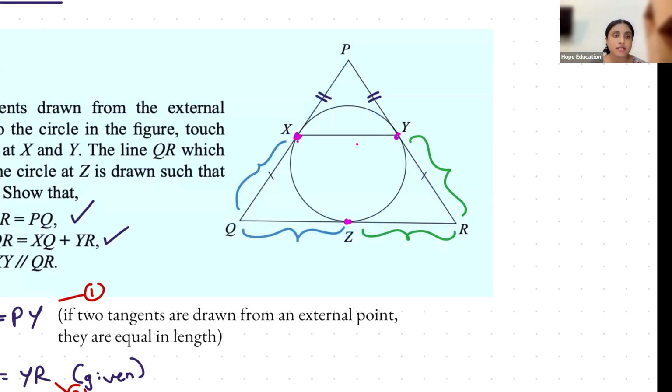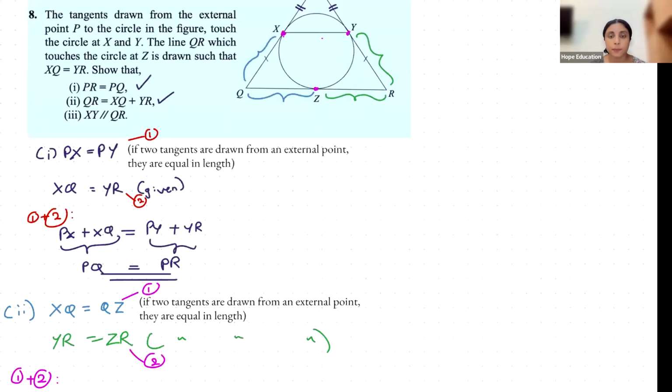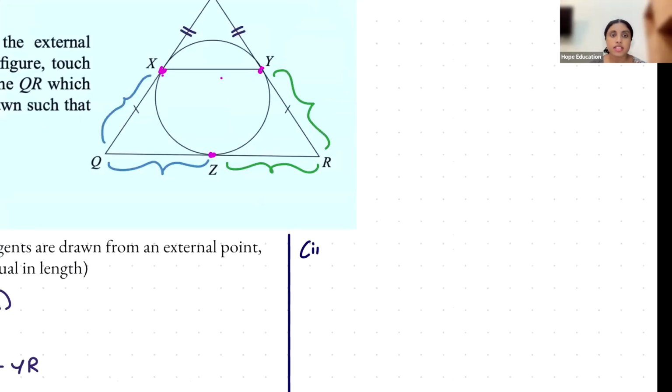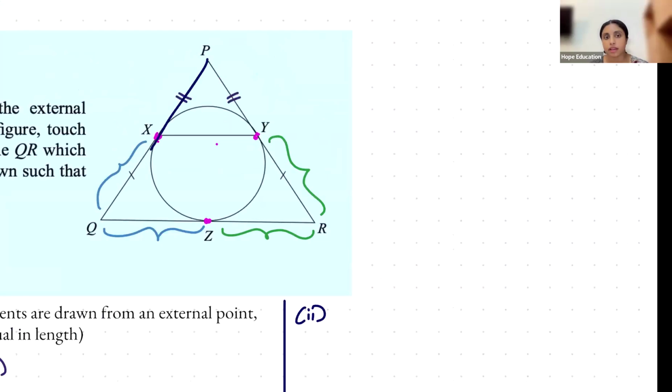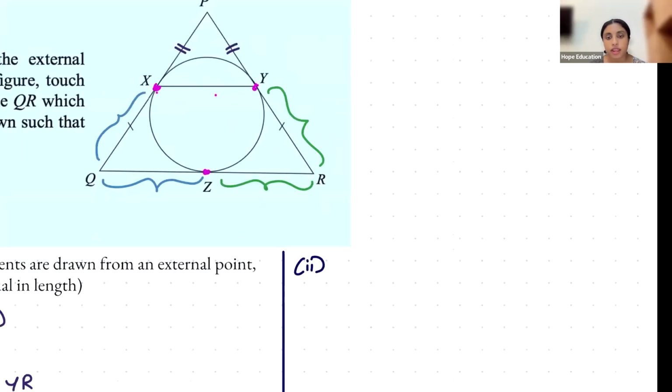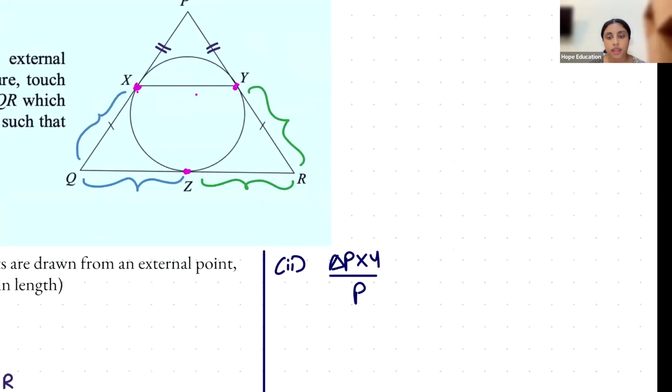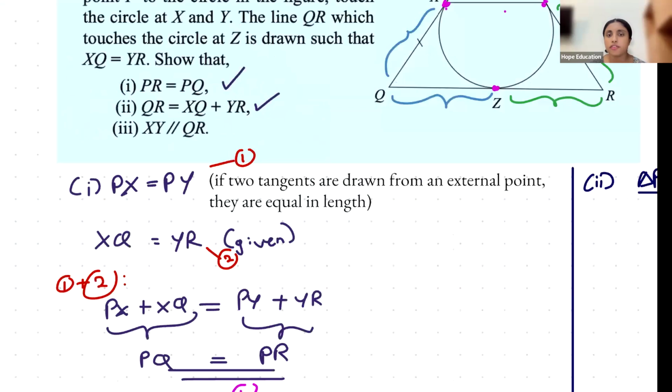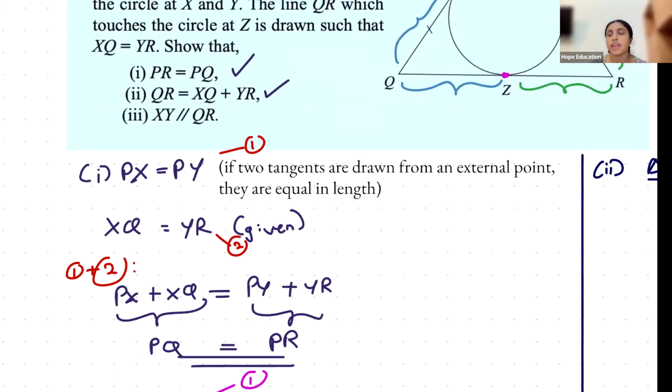Okay, let's write step by step. So this PXY is an isosceles triangle. So if you take triangle PXY, PX equals PY, reason it's given, no? I know if two tangents are drawn from an external point, they're equal in length.